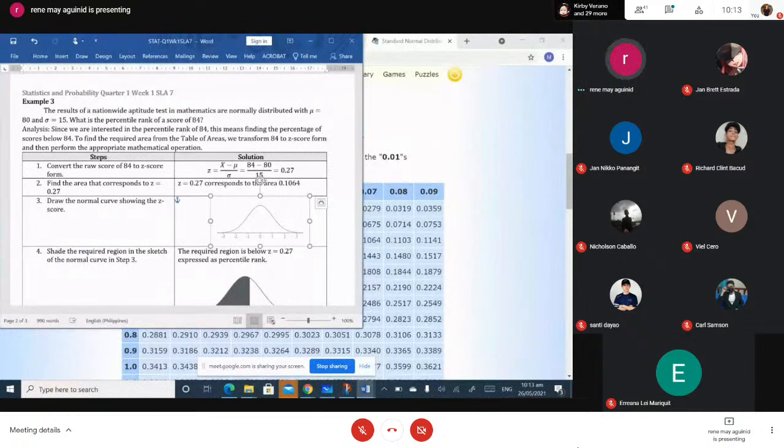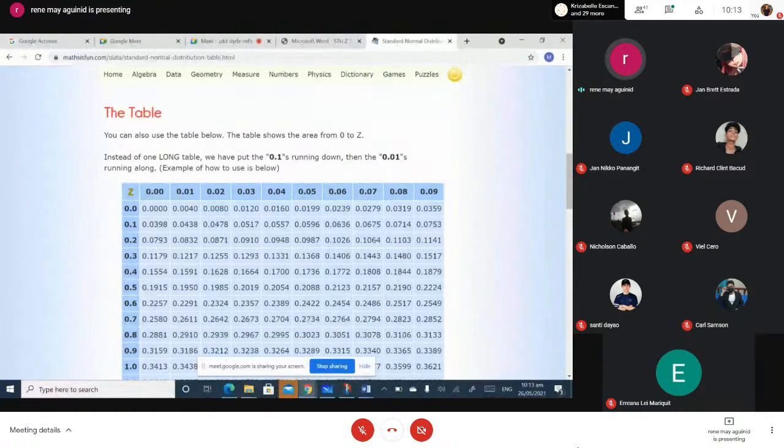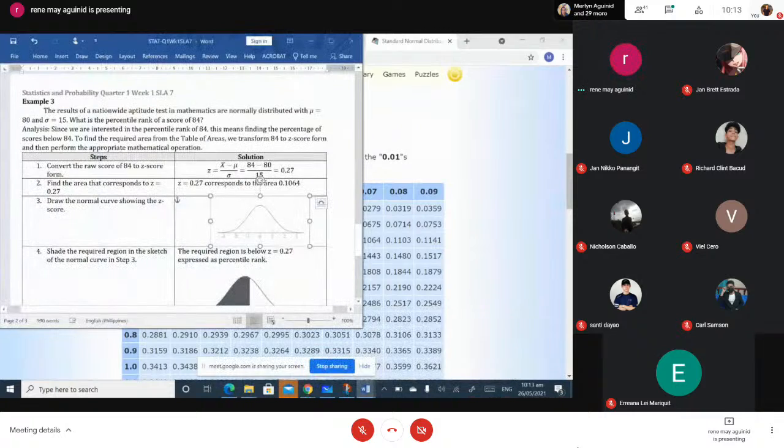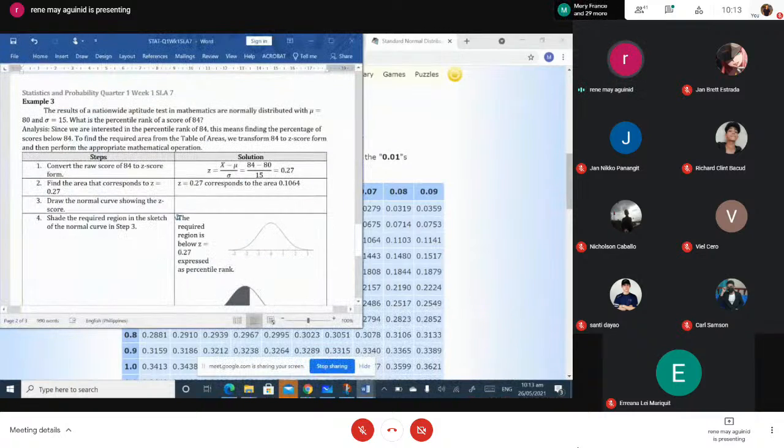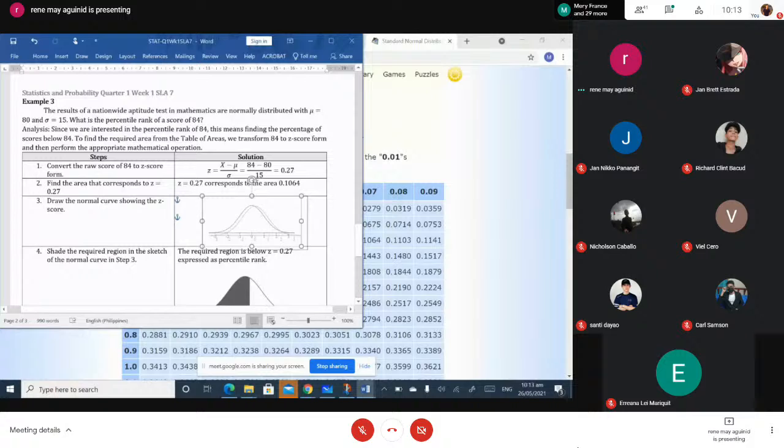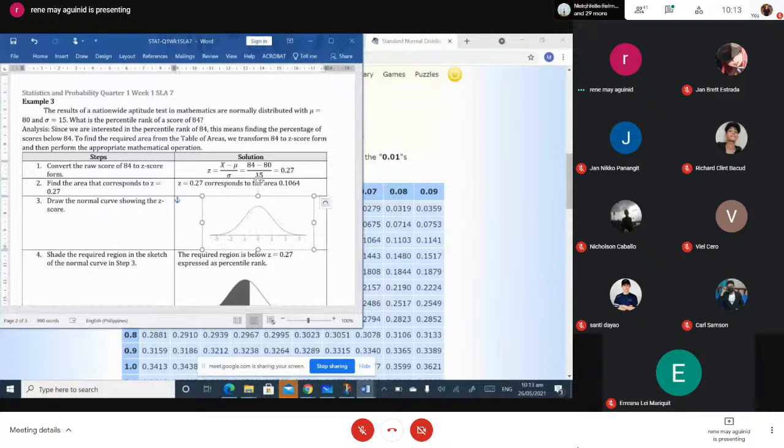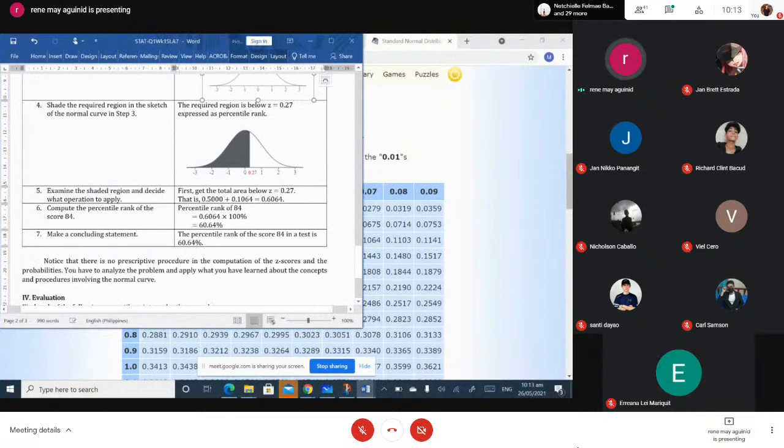Solving for that, I got a Z of 0.27. Using the table, 0.27 is 0.1064.